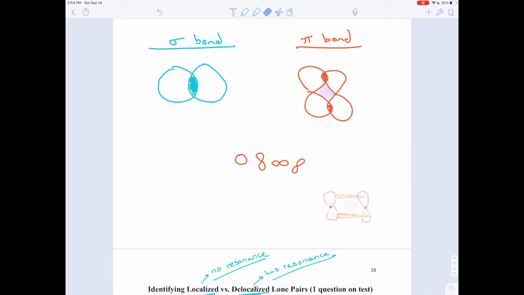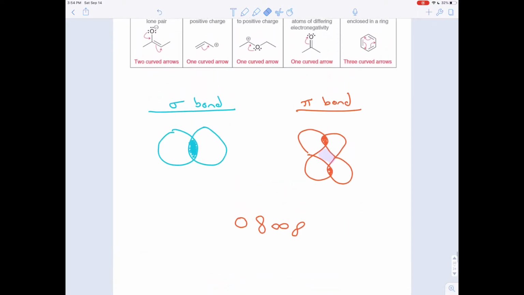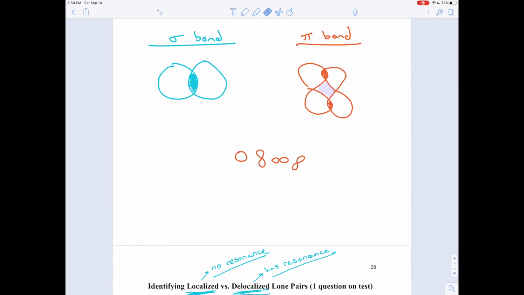What all of these resonance patterns have in common has to do with the pi bonds. We said you get a pi bond if 2 atoms have parallel p orbitals, and so they overlap a little bit. But what happens if you have another atom over here that also has a parallel p orbital?